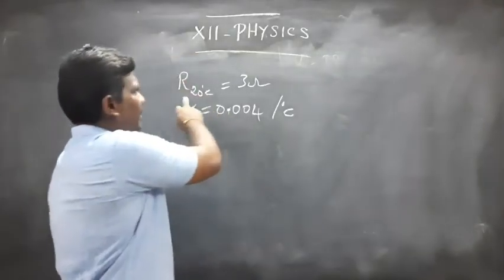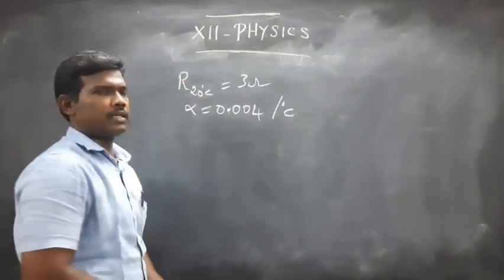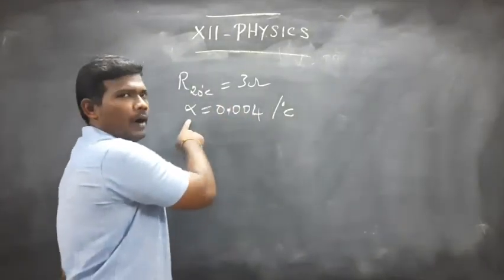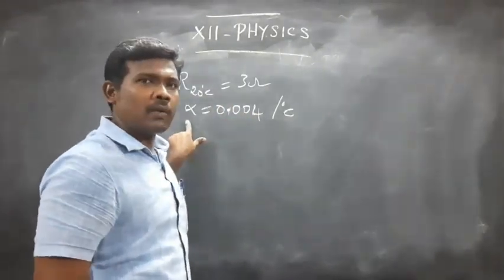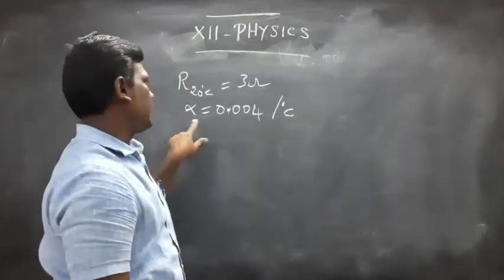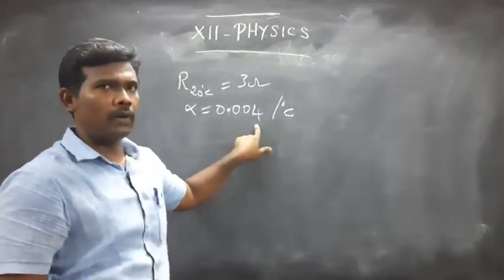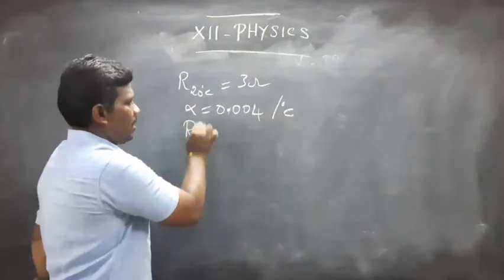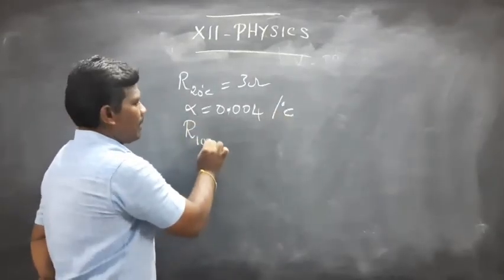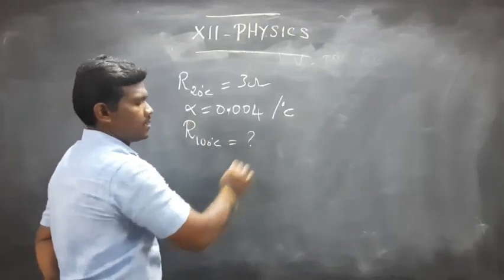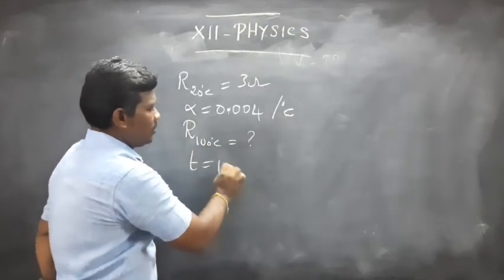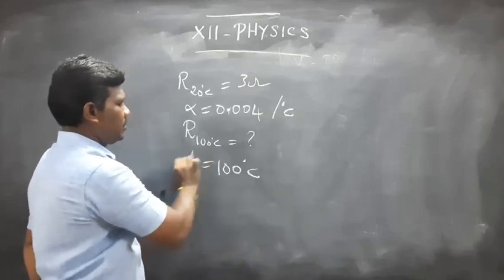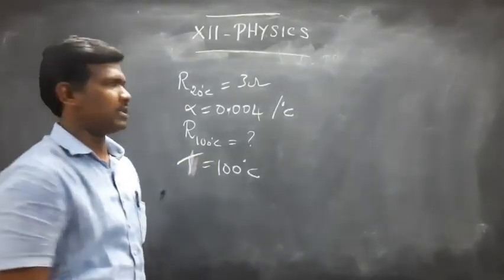For this question, the given data are: the resistance of the coil at 20 degrees Celsius is 3 ohm, and alpha, the temperature coefficient of resistivity, is 0.004 per degree Celsius. Now we calculate the resistance at 100 degrees Celsius, so capital T is equal to 100 degrees Celsius.